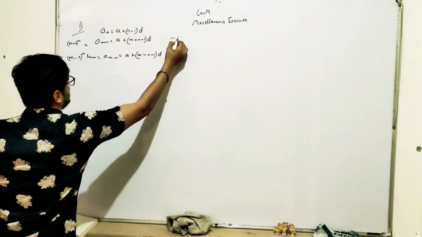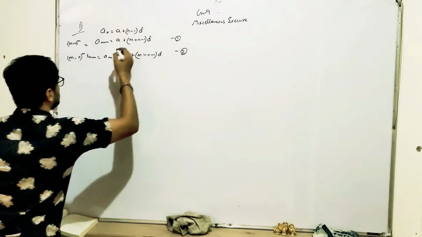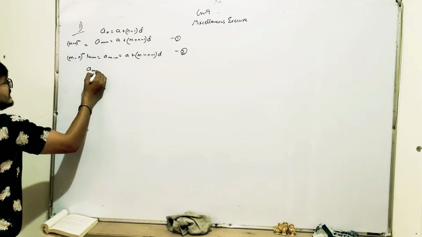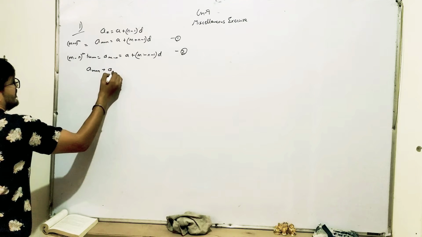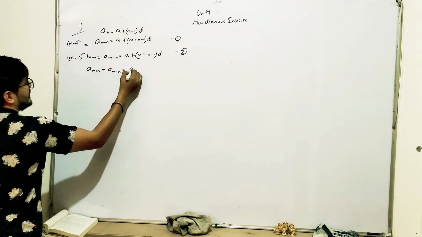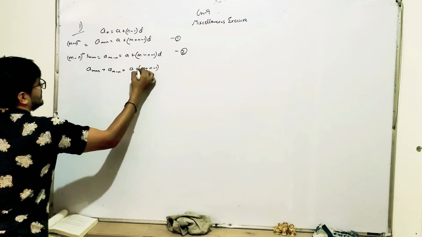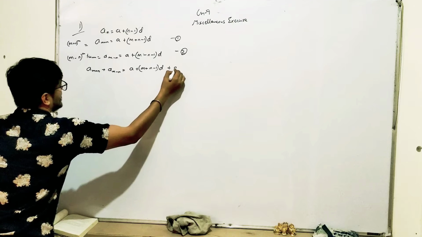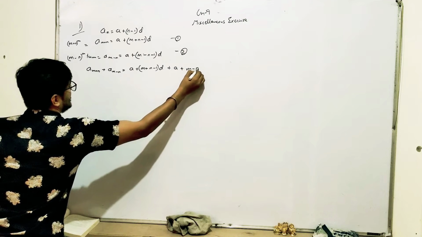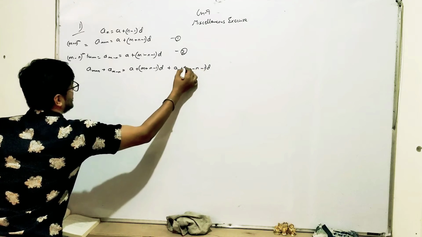So sum of these two equations, so add these two. So a_(m+n) plus a_(m-n) is equal to a plus m plus n minus 1 d plus a plus m minus n minus 1 d, right?